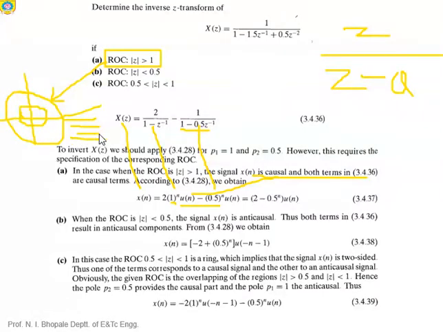So if the common ROC is to exist, then it must be for the condition mod z greater than 1. So for this to happen, this must be 0.5 raised to n u of n. So by solving it further, 2 minus 0.5 raised to n u of n is the final value of x of n.